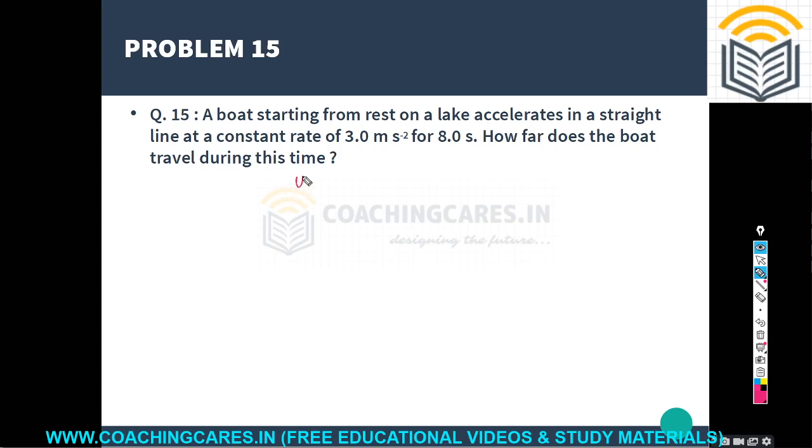So let us take u, the initial velocity, as 0, and accelerating at a constant rate given by a, 3.0 meter per second square, and time t is given for this acceleration, that is 8 seconds.